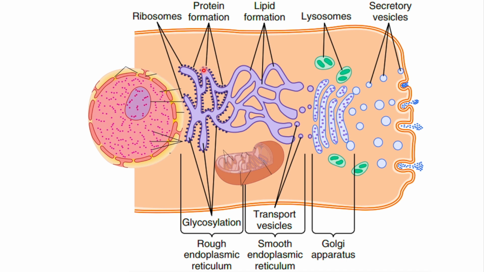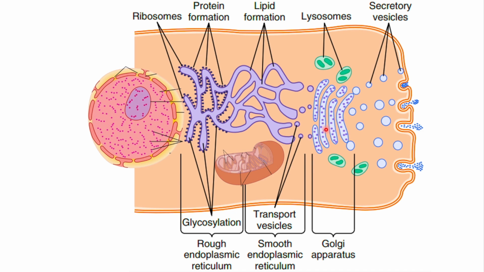This protein enters into the endoplasmic reticulum. Now, this protein will be processed in this rough endoplasmic reticulum, and then it will be moved out of the rough endoplasmic reticulum in these transport vesicles, and these transport vesicles will transport this protein to the Golgi apparatus, and in the Golgi apparatus there will be post-translational modification.